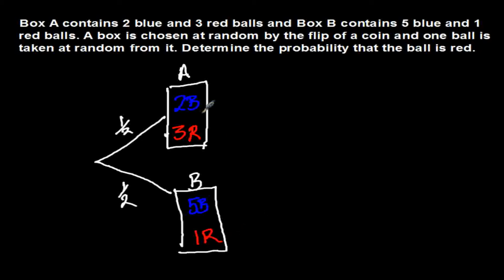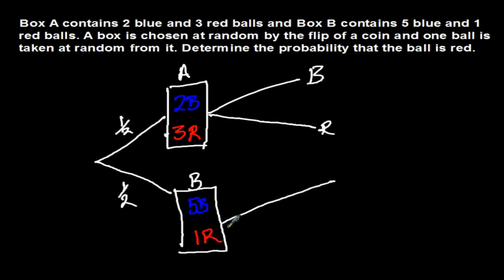Now we are selecting from one of the bags, and when you select a ball from bag A, we can either get a blue ball or a red ball. If we select from bag B, again we can get either a blue or a red.